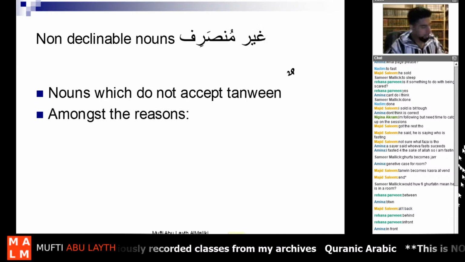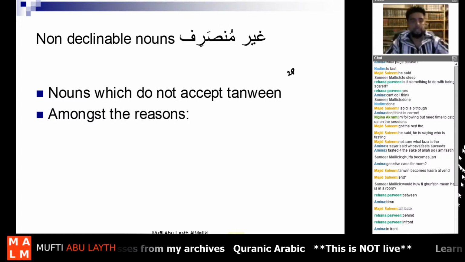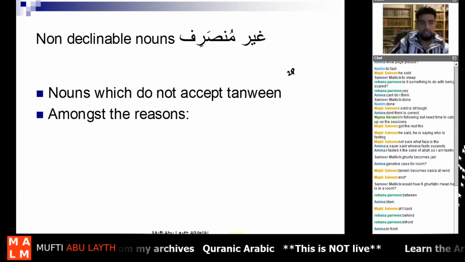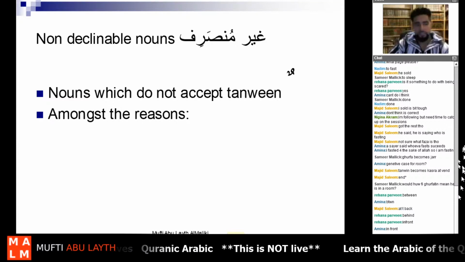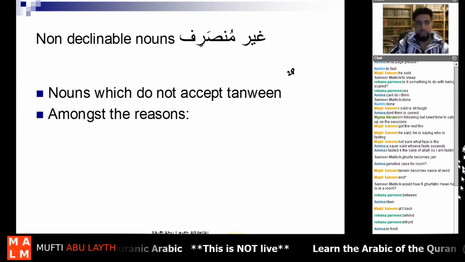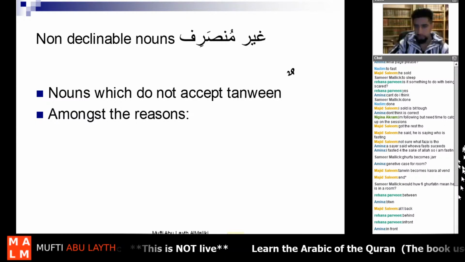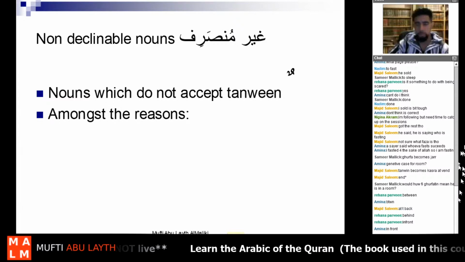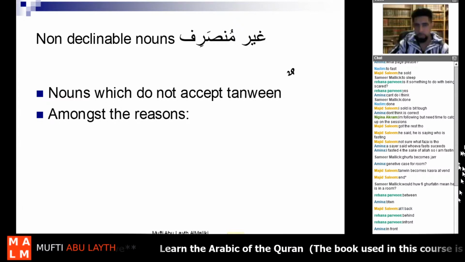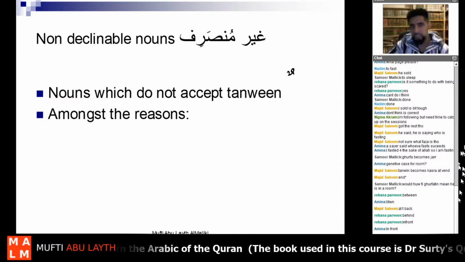We're still looking at page 184, the second section of page 184, unit 22, which says al-asma, nouns غير منصرف, non-declinable nouns. What we mean by this is very clear: nouns which do not accept tanween for one reason or another. We will go through some of the reasons in a moment. By the way, this is how tanween is printed.